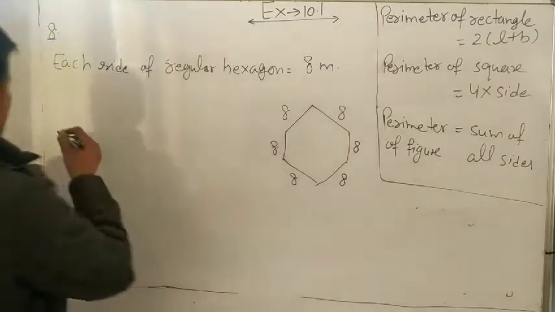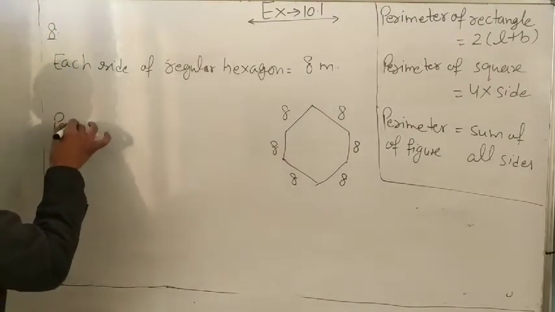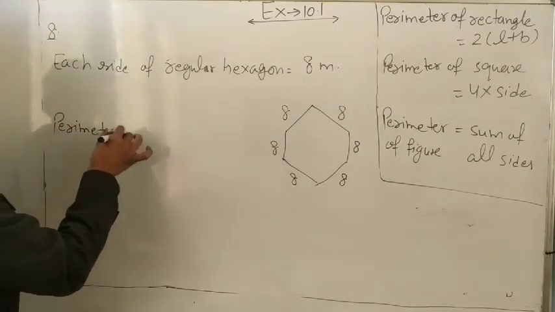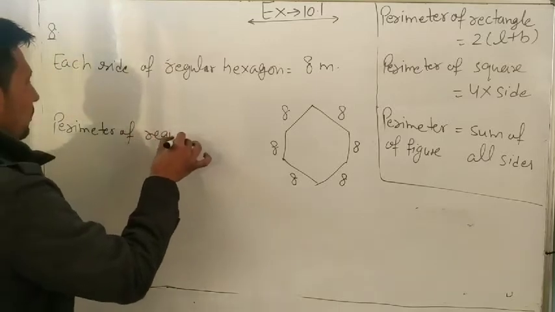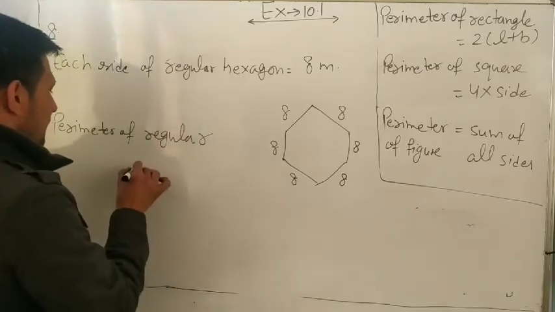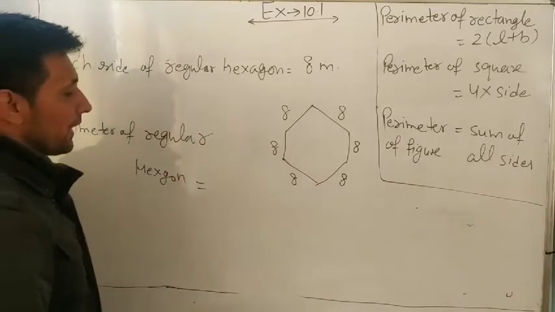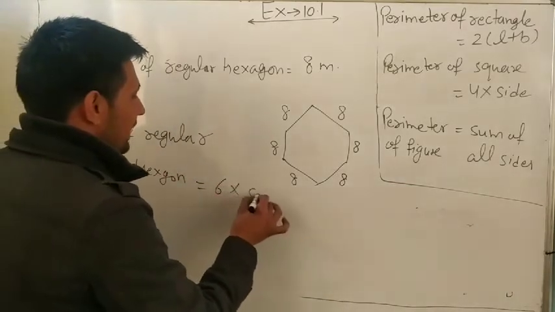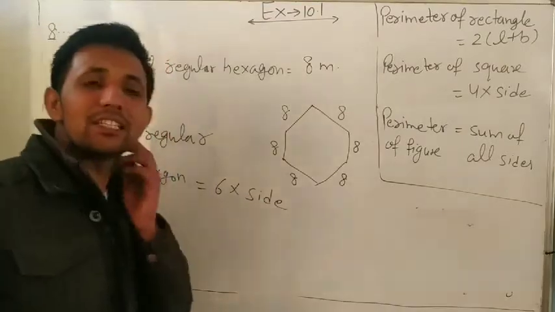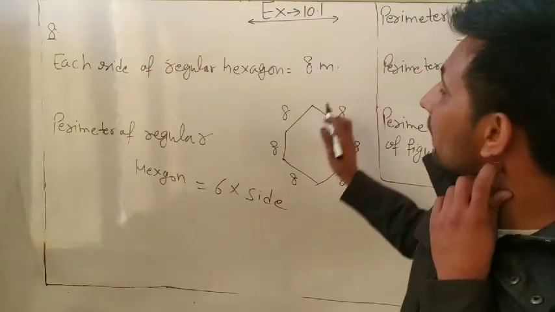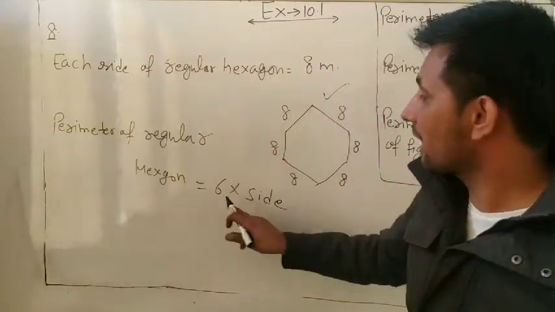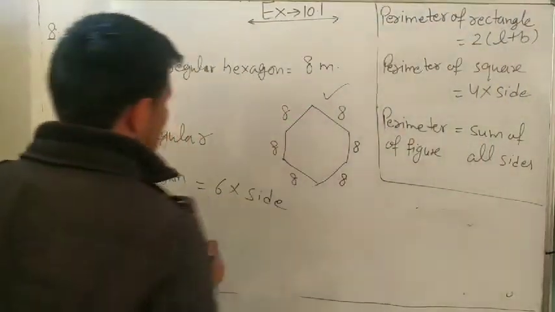You can write perimeter of a regular hexagon. How much will you find? Write 6 into side. Why do we write 6 into side? Because in a regular hexagon the total number of sides is 6.